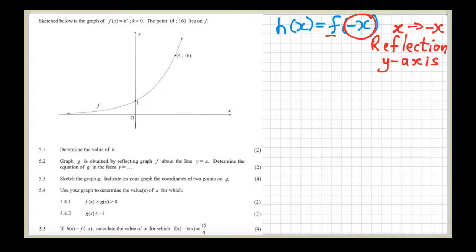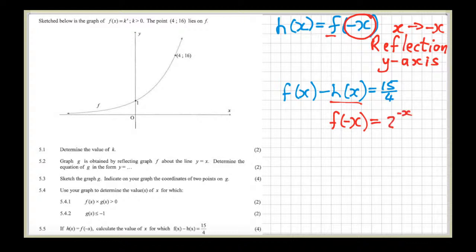So in other words, they're asking me f of x minus h of x, let me just hold back with that one, is equal to 15/4. Now let's quickly think. h of x is actually f of negative x. Algebraically, that means replace every x with a negative x.